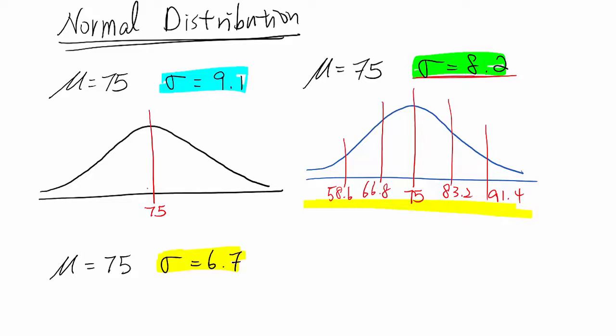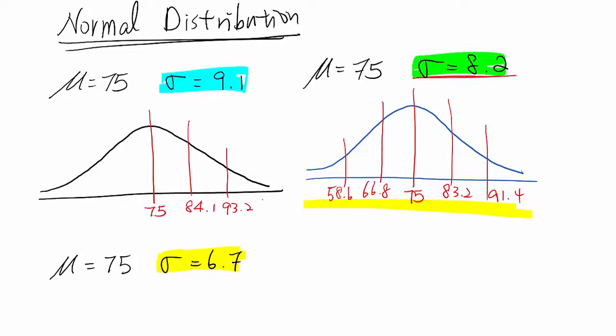But this one I have to add 9.1 instead, because the given sigma value is 9.1. So the first sigma value will be 84.1 instead. And the second one is 93.2. Okay.